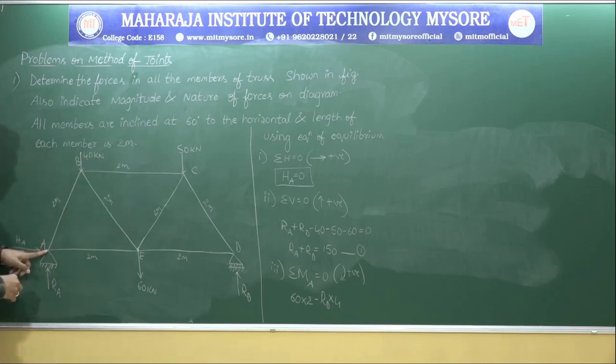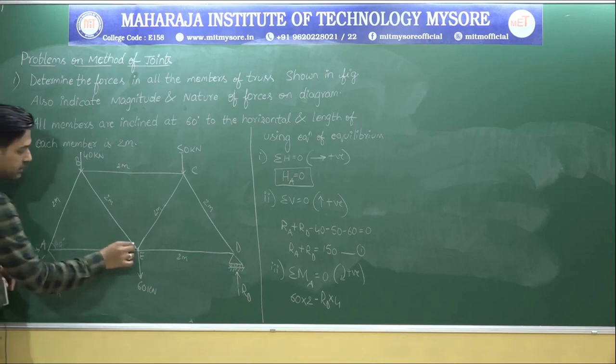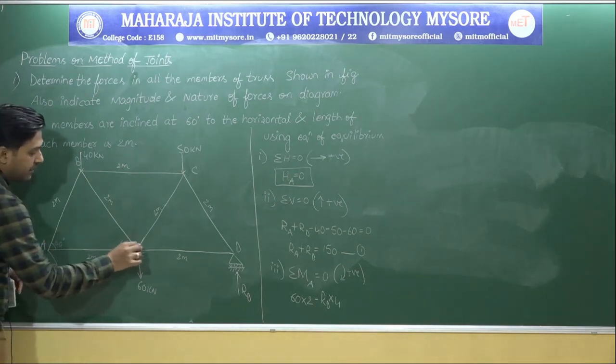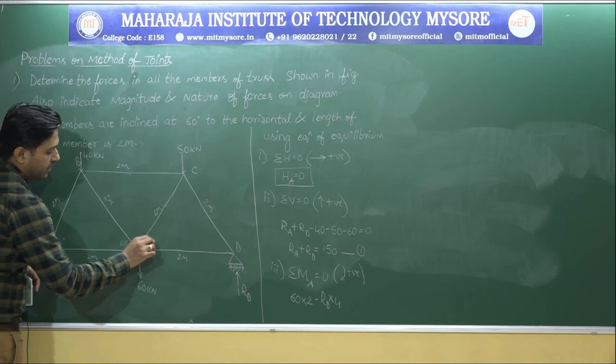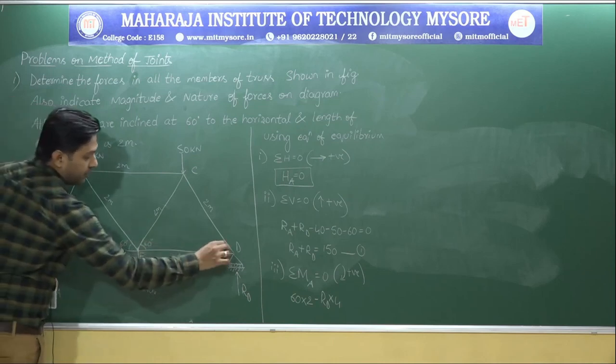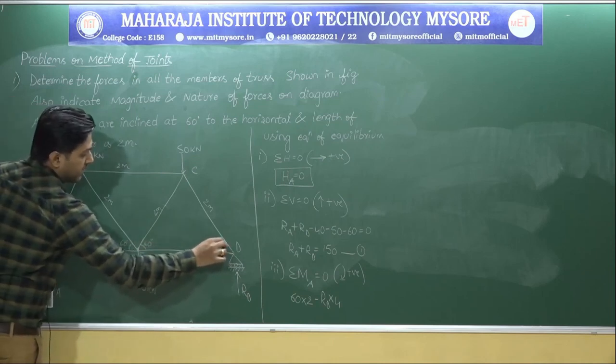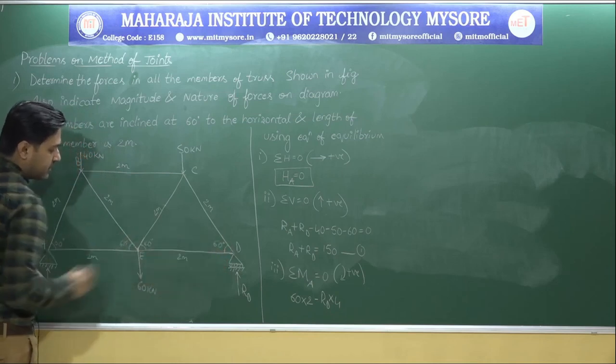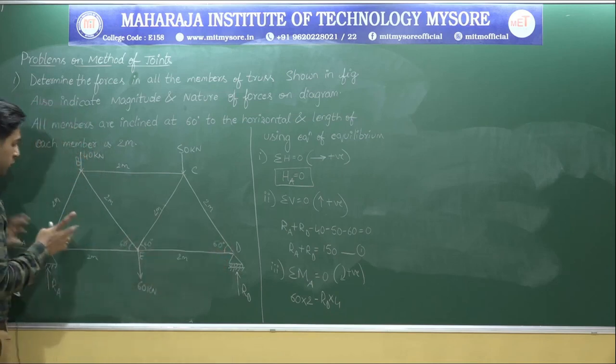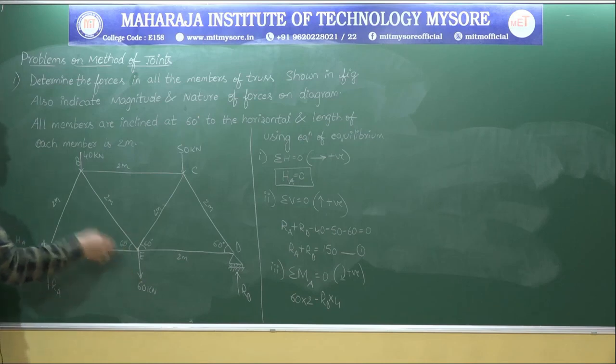Next, there are two more. Now observe, they have given that the angle between the members inclined with horizontal is 60 degree. So this is also 60 degree, this is also 60 degree, everywhere it is 60 degree. Wherever we have a member, the angle made by the other member with horizontal is 60 degree. So this will also be 60.